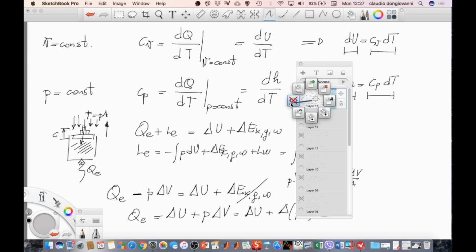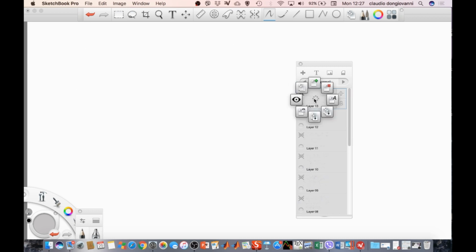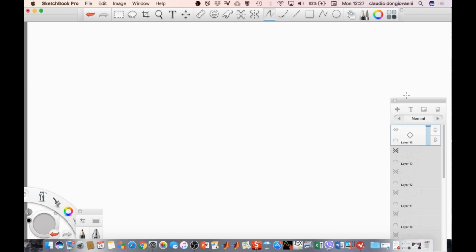Well, H is a property, okay? In order to define a value of H, how many properties do we need in our system? We said 2.